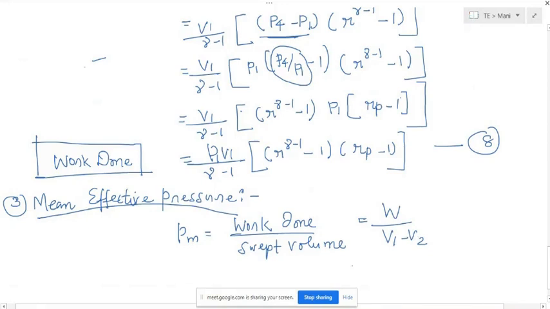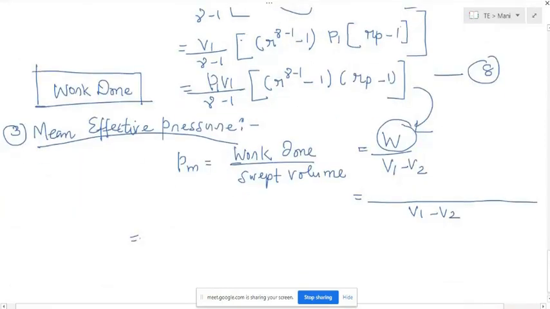So already we derived the simplified work done equation, right? So we can substitute here instead of work done, using equation number 8. So in that the work done is P1 V1 divided by gamma minus 1 into r power gamma minus 1 minus of 1 into rp minus 1.